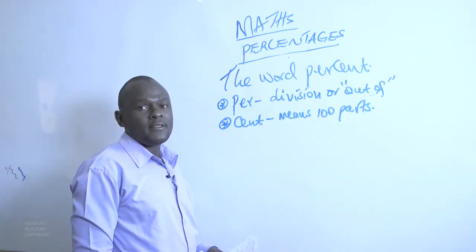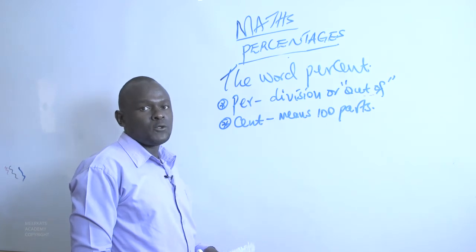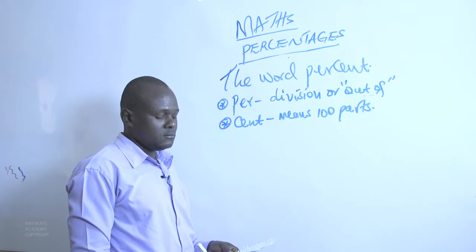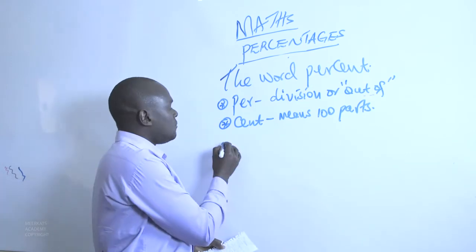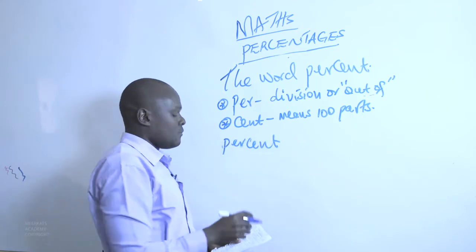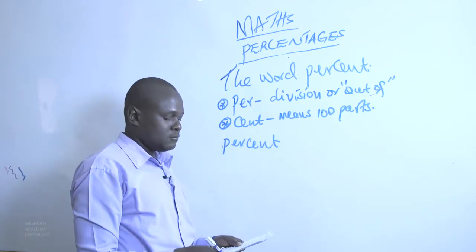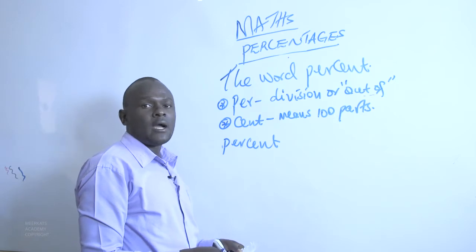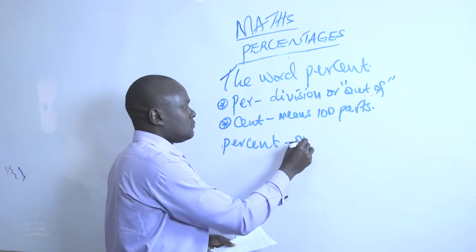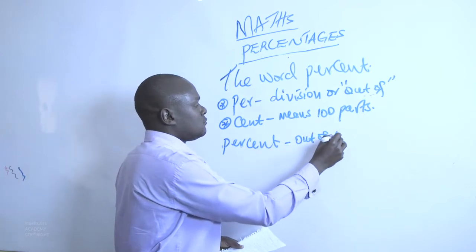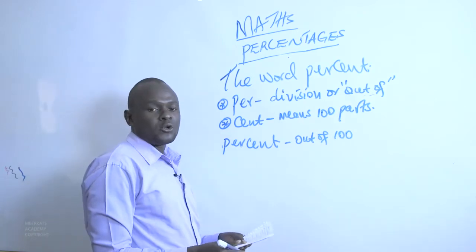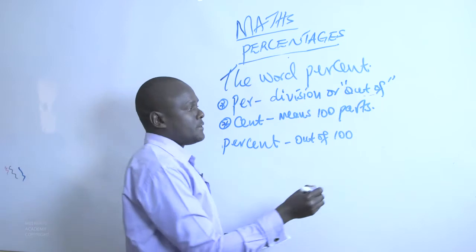So if you combine the two words to form the word percent, it will have a meaning of out of 100, or basically out of 100 parts.